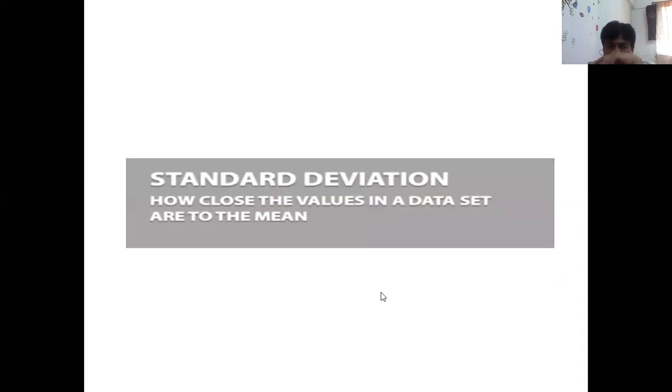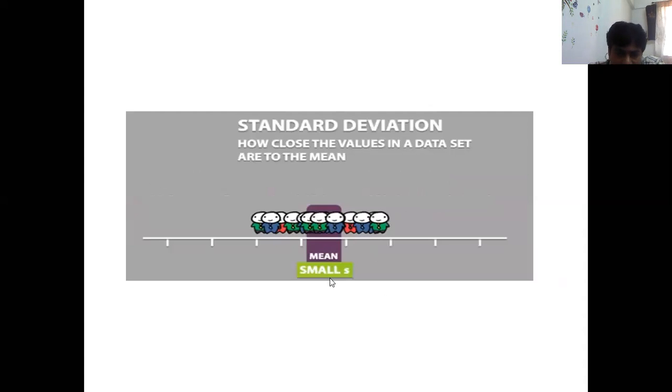Standard deviation tells us how close the values in a data set are to the mean. So if the standard deviation is small, we will observe that many of the values fall near the mean.